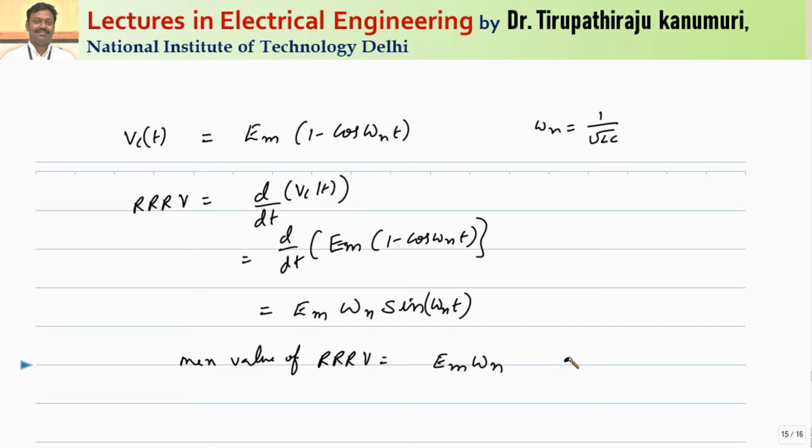And it happens when the value of sin omega n t is equal to 1. So this happens when omega n t is equal to pi by 2. You agree with me? Or we can calculate that t is equal to pi by 2 times omega n. Since omega n is equal to 1 by root LC, this will become root LC into pi divided by 2. At this instant it comes.